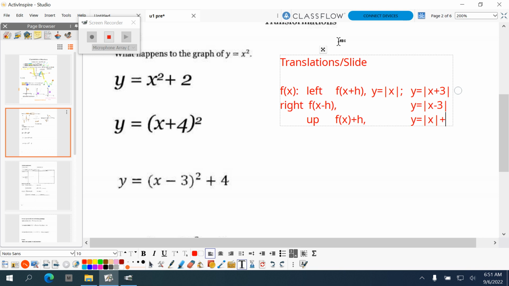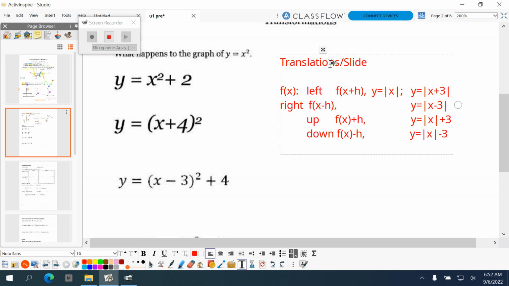And notice the difference between moving left and right versus moving up and down, right? So up and down, my number is outside of this function. Okay, absolute value of x, minus 3.